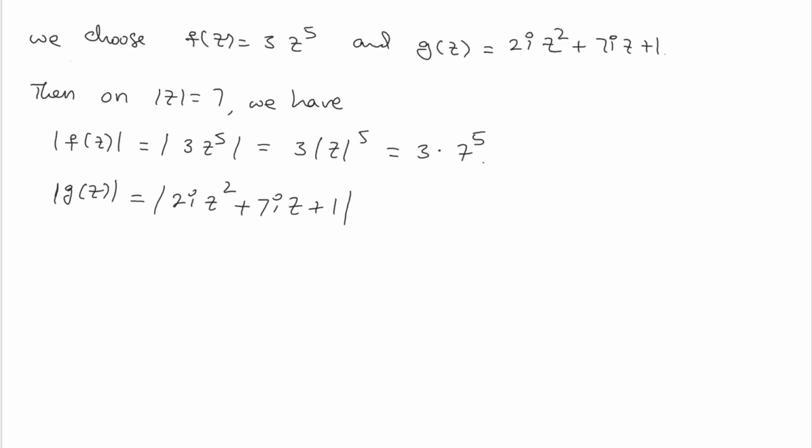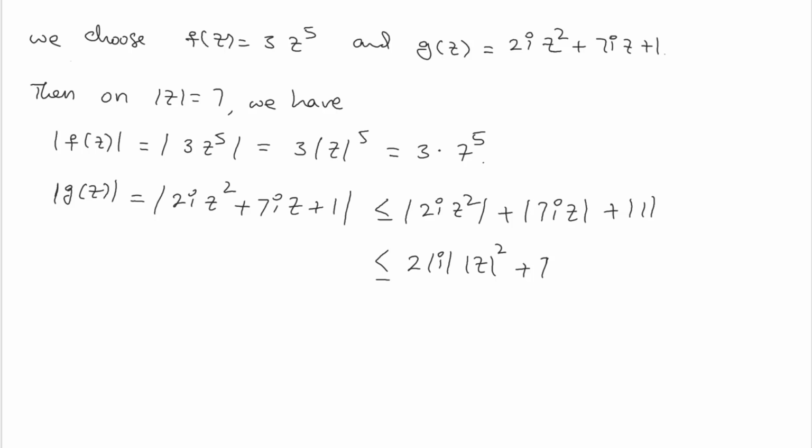By the absolute value property, the absolute value of the function g of z is less than or equal to modulus of 2iz square plus modulus of 7iz plus modulus of 1. So in total this is less than or equal to 2 times mod i times mod z square plus 7 times mod i times mod z plus 1.